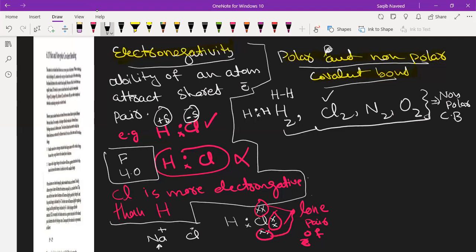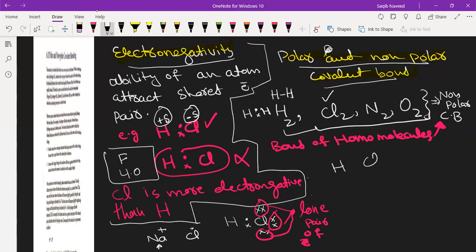So in short, what you have learned is that the bond of homoatomic molecules, homo meaning same, is always a non-polar covalent bond, right? Now, like HCl.